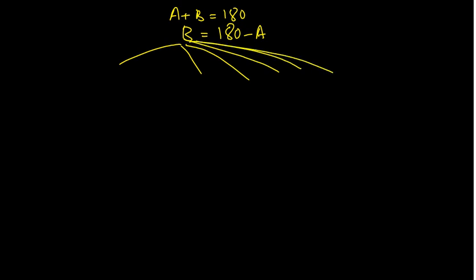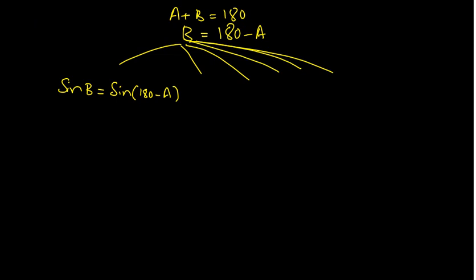For the first one, you want to get sin B, that is nothing but sin 180 minus A. I have taken sin both sides. So this is where the issue is.